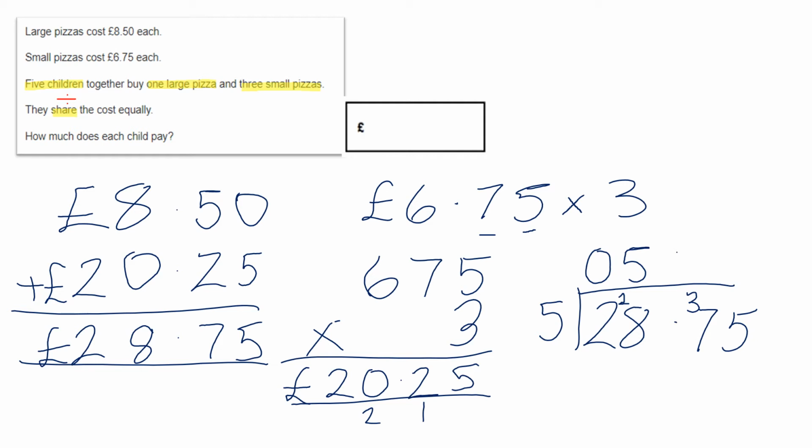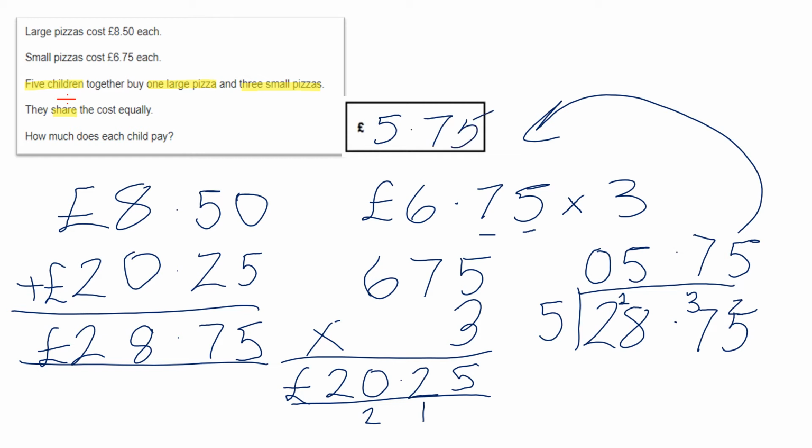Well, 7 times 5 is 35, with 36, 37, 2 remainder. And how many times does 5 go into 25? It goes in 5 times. So we have our final answer, which we'll bring all the way back up here. It's already got the pound sign, £5.75. Well done if you got that one right.